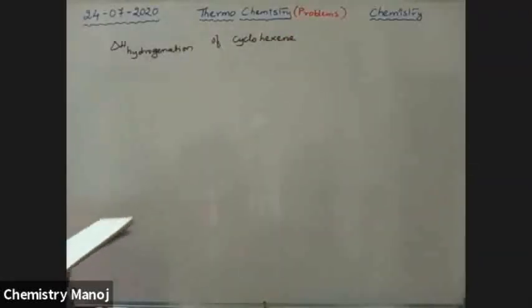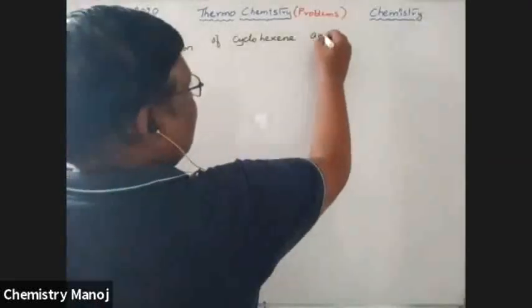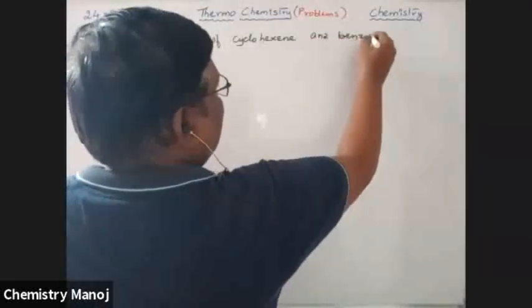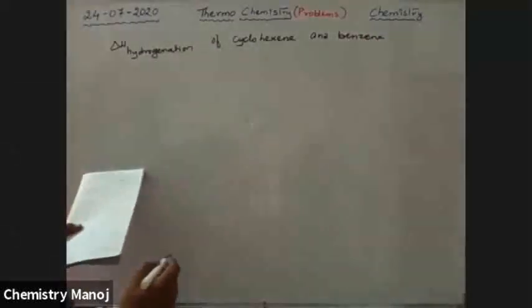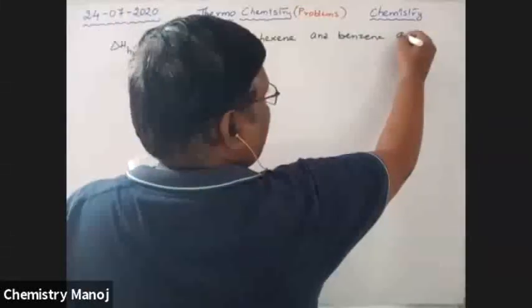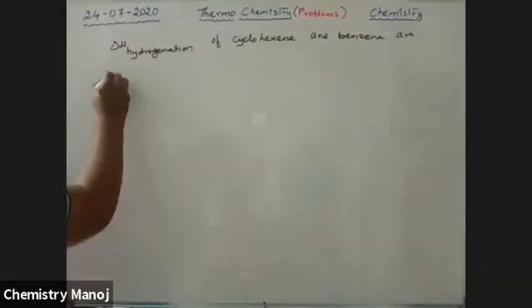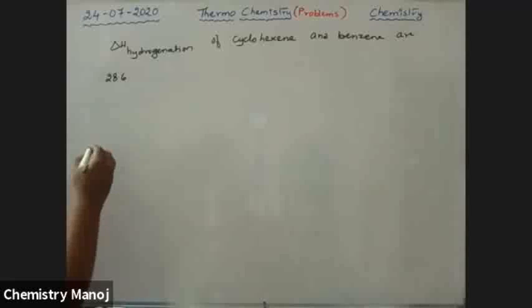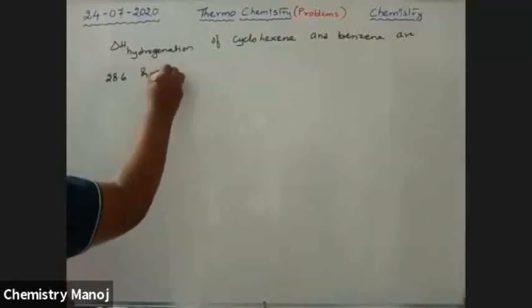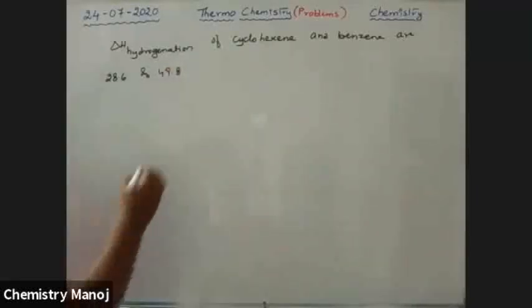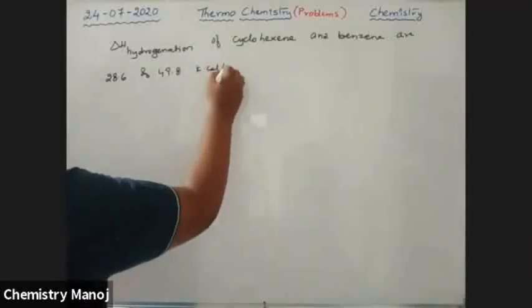Delta H of hydrogenation of cyclohexene and benzene are 28.6 and 49.8 kilocalorie per mole.